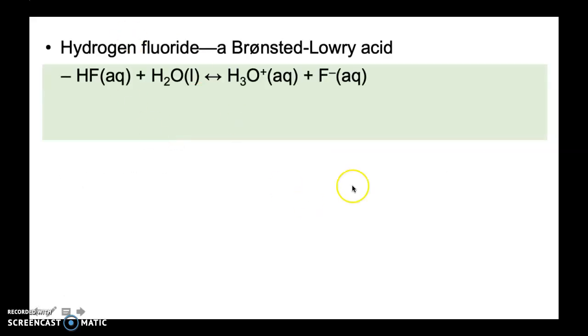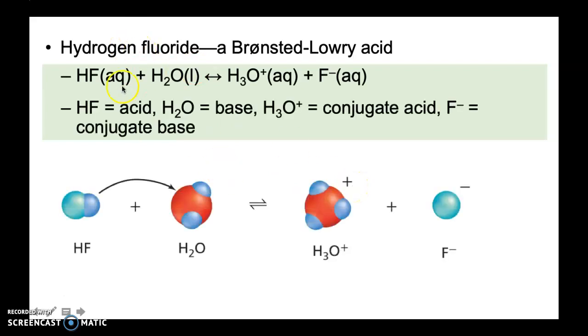Okay, so let's look at this example right here. Hydrogen fluoride and water. Okay, hydrogen fluoride has hydrogen, so it's an acid. Water is a base because it has OH.